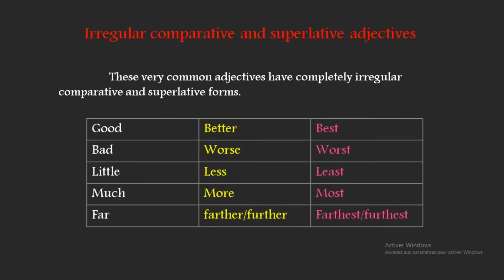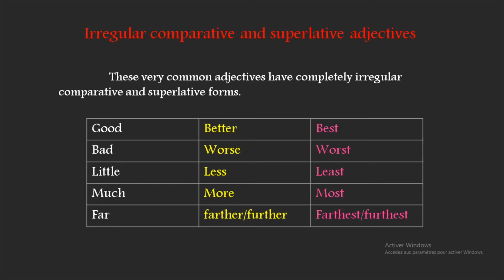These very common adjectives have completely irregular comparative and superlative forms. The adjective good in the comparative becomes better, in the superlative becomes best. Bad in the comparative becomes worse, in the superlative becomes worst.